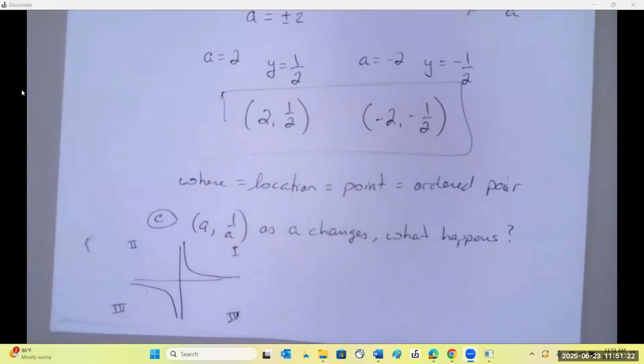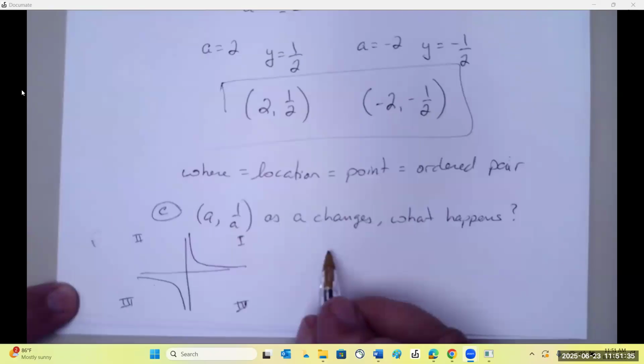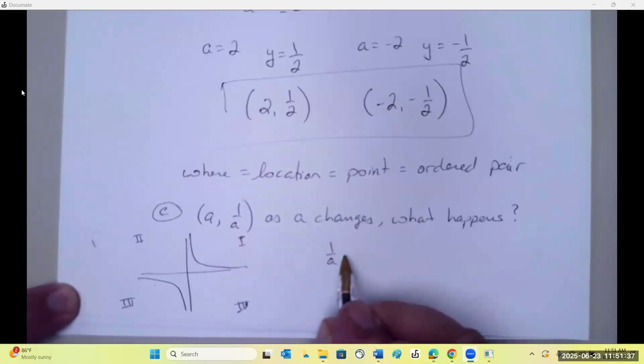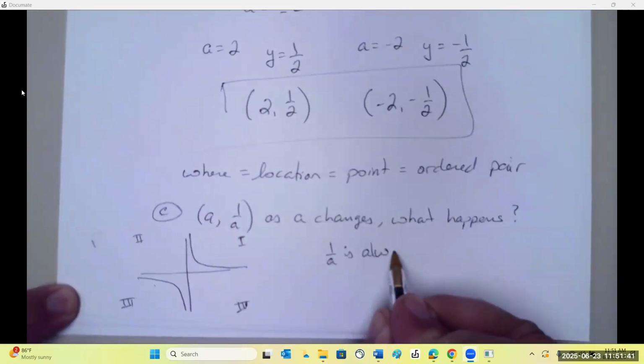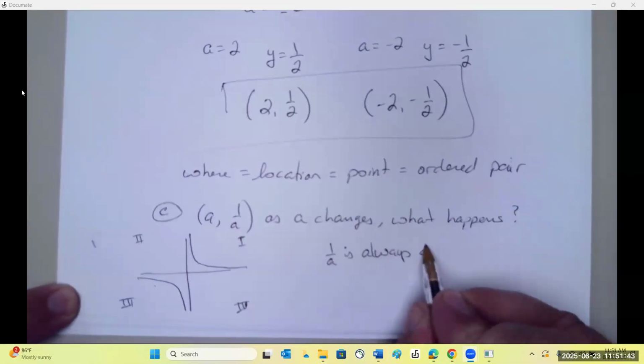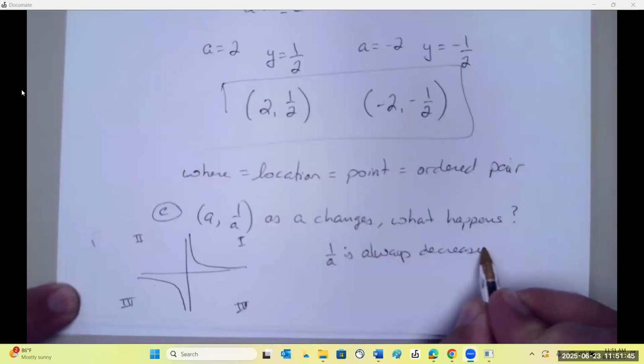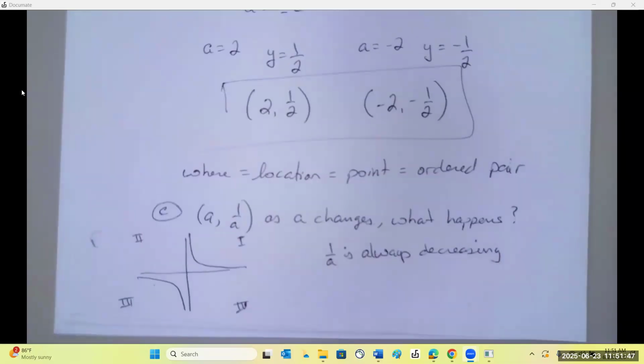So we know by looking at those graphs, what do we know about the graph of the function? One over A is always decreasing.